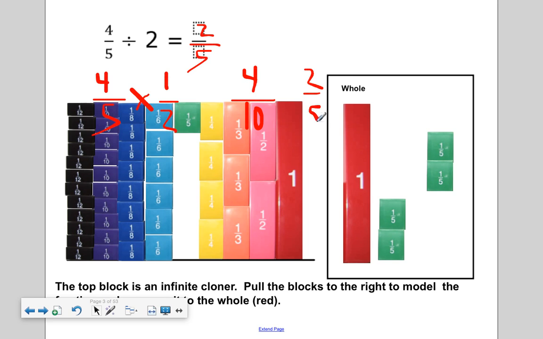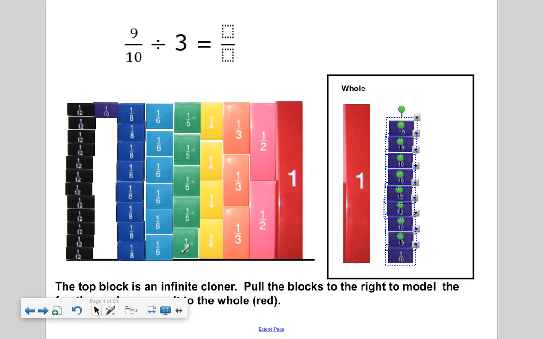That is the same answer as the pictorial model. So in other words, when you divide by 2, you're really doing half of it. Because I started with 4/5 divided into 2 groups. Am I splitting it in half, in other words? So dividing by 2 is the same thing as saying multiply by 1/2.